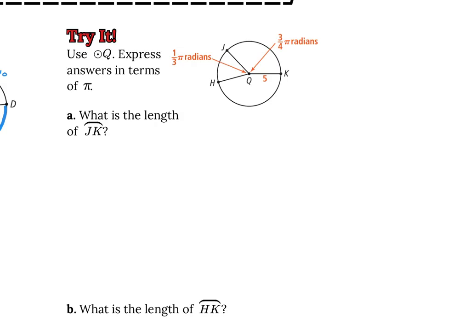Okay, so we're dealing with radians, so we're going to use our radian central angle formula, which is S equals theta r, and now I'm just going to plug in. So my theta is going to be that 3/4 pi times r, which is 5. Once I calculate that, that's going to get me 15 over 4 pi.